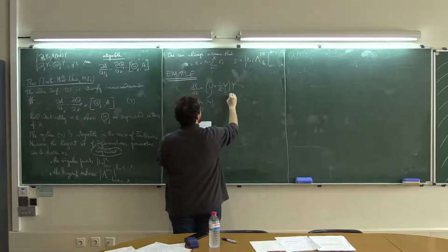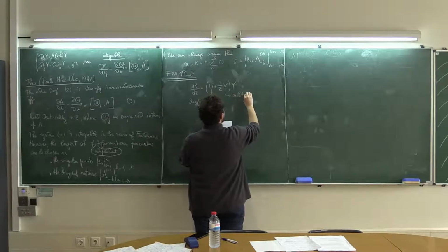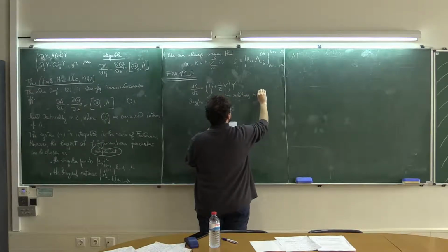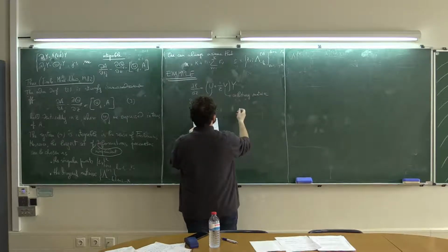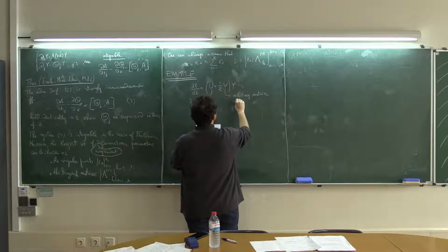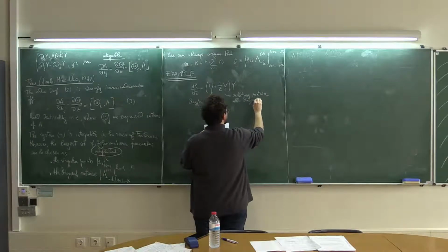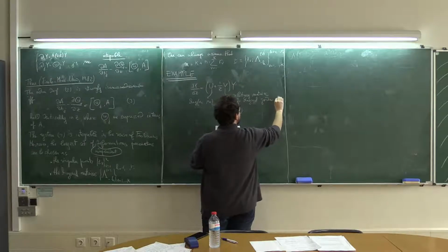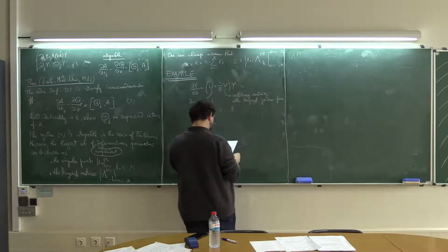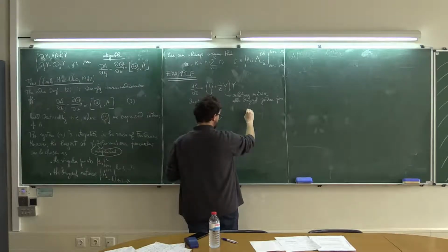And this, for the moment, is an arbitrary matrix with Jordan form, with diagonal Jordan form, and I will denote this diagonal Jordan form mu.